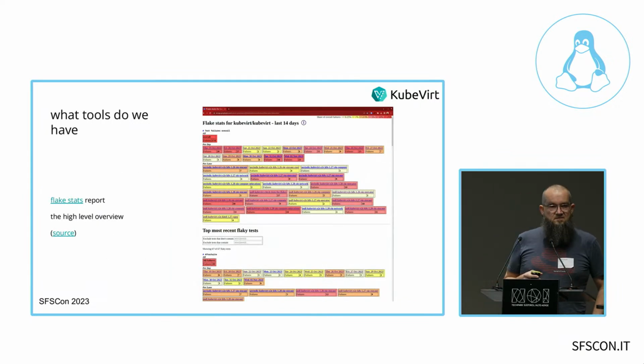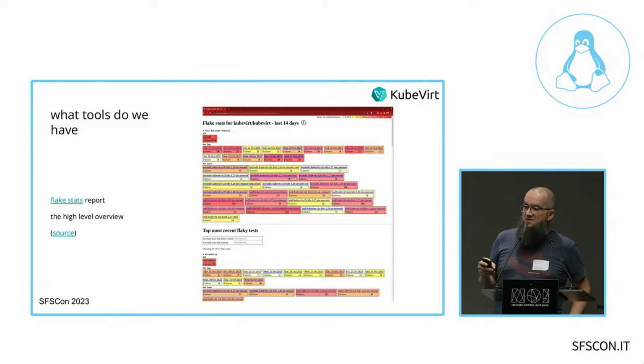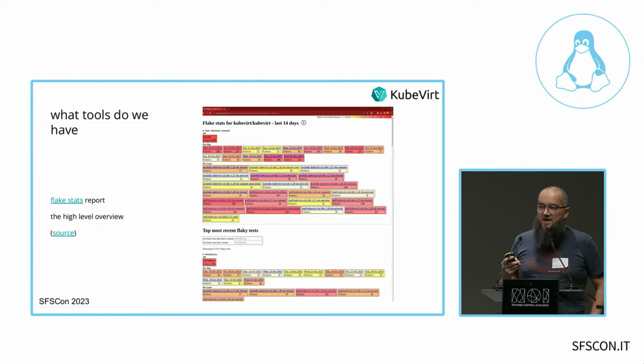So the next is the general flake report that we have, which tells us by some kind of heat map where the action is going on. So the more red, or the redder, I don't know, I'm not a native speaker, that is, the worse the problem is. So if you see, for example here, or here, these are the action spots, right?